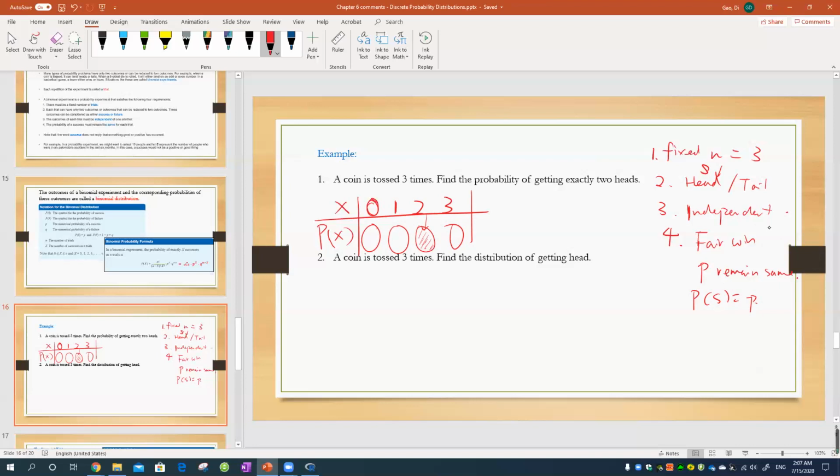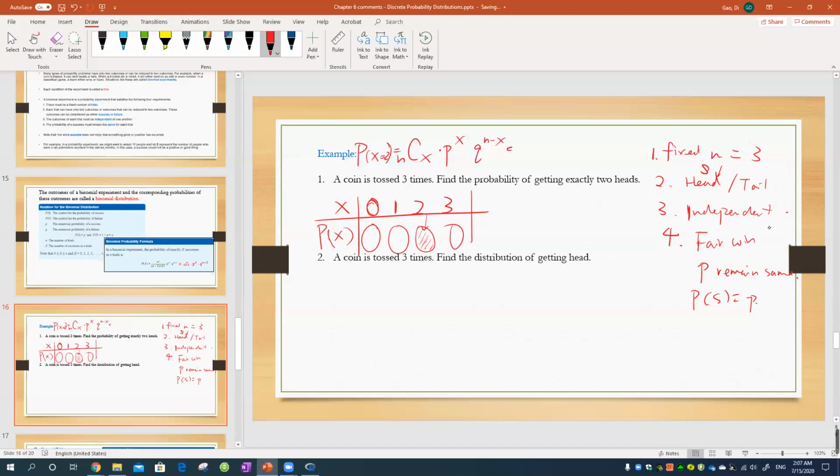We don't have to do that anymore. So we have n choose x times p to the power of x, and then q to the power of n minus x. So probability of x equals 2 equals this.